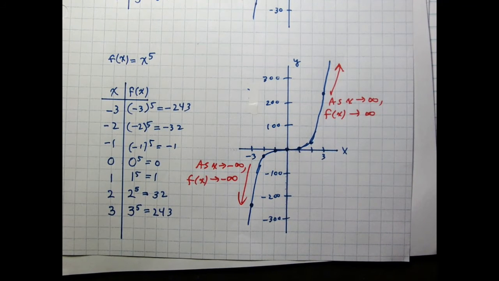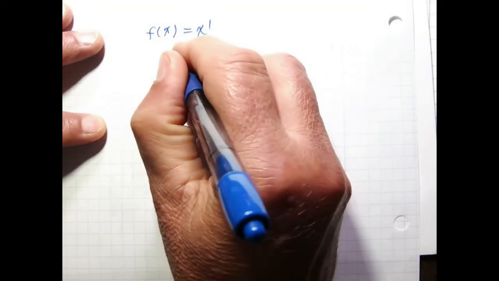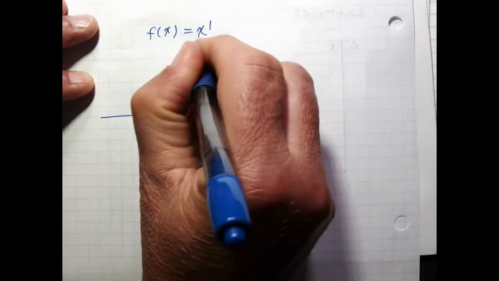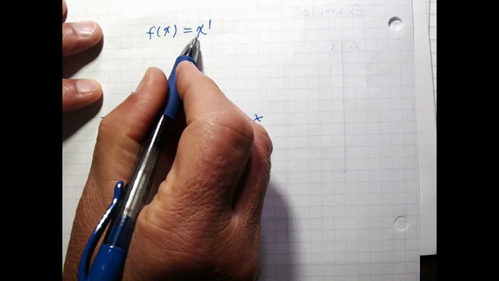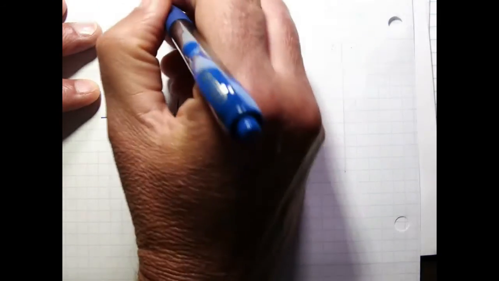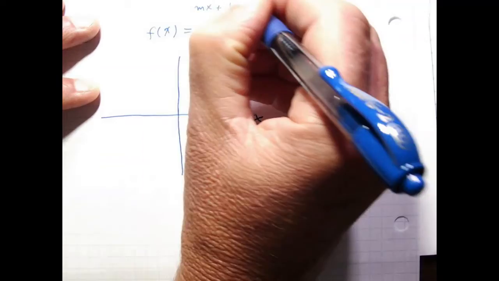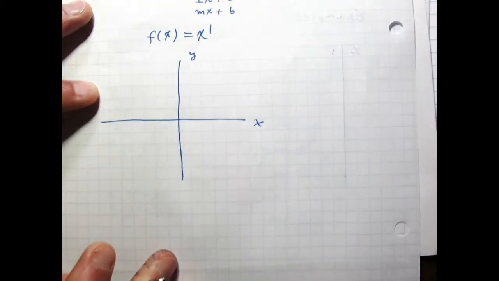And there's one comment I want to make just before we move on: whatever happened to x to the first power? We kind of leave it out of this discussion because its graph is not curvy. In fact, when we write f of x equals x to the first, you can think of it in mx plus b form as 1 times x plus 0, right?